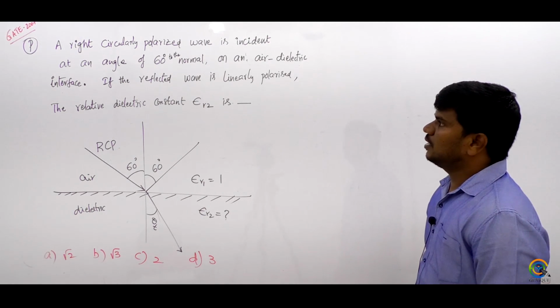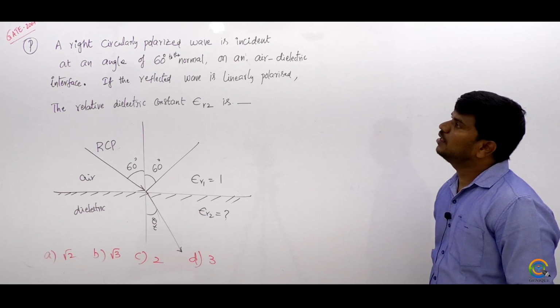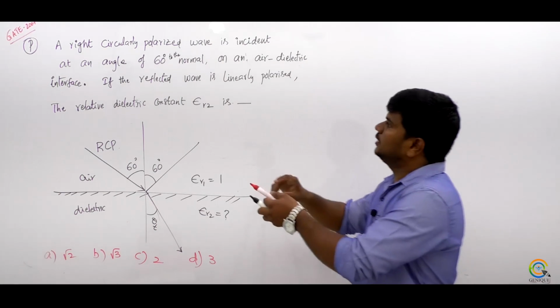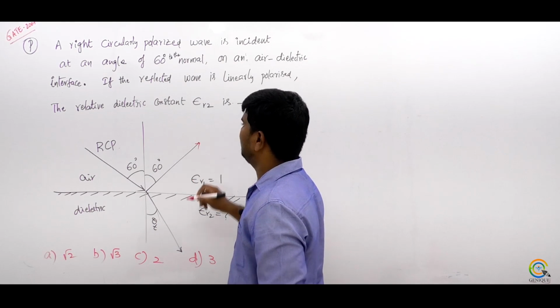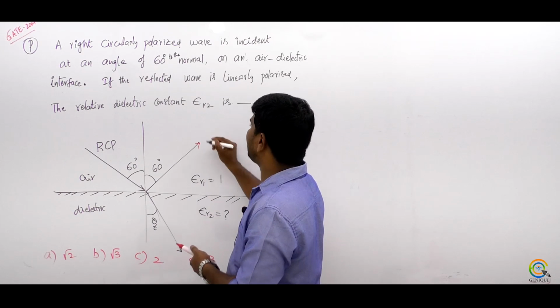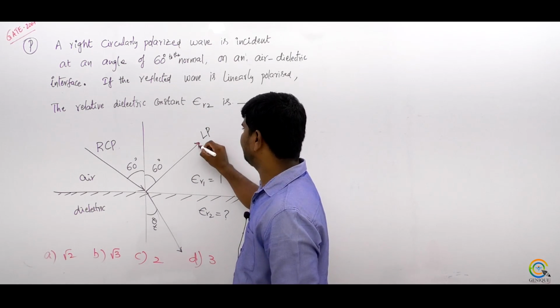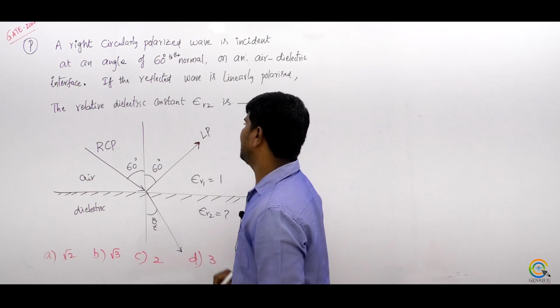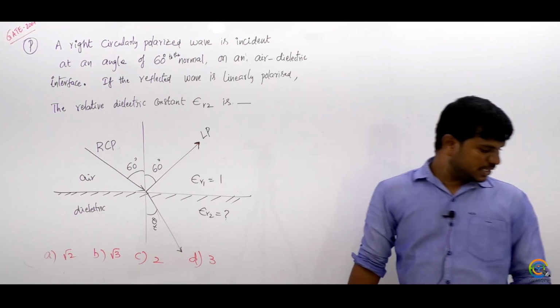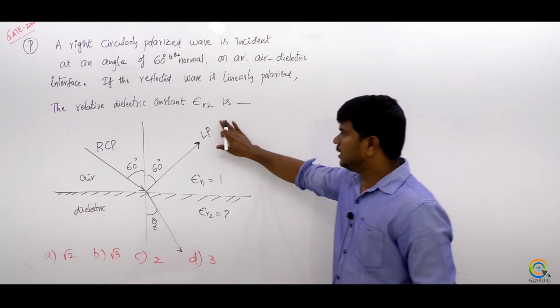Now what he has given is that the reflected wave is linearly polarized. It is given that the reflected wave is a linearly polarized wave. In the question I think it is included, I didn't write it here.